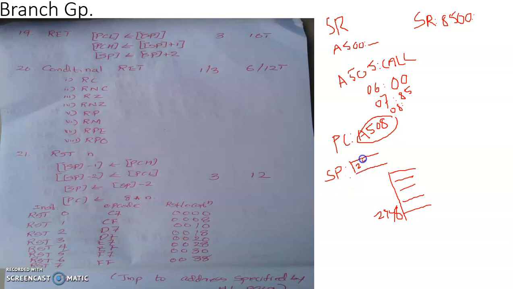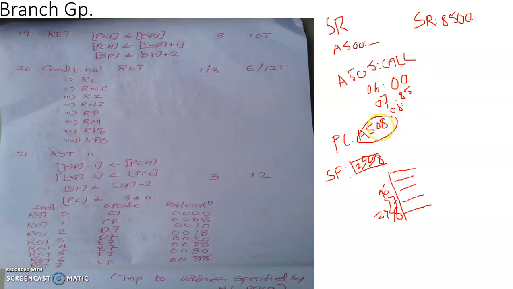So the stack pointer register will now have the content 2998. Now A508 needs to be saved to the stack locations with addresses 2997 and 2996. This will be the activity performed upon execution of this call instruction.